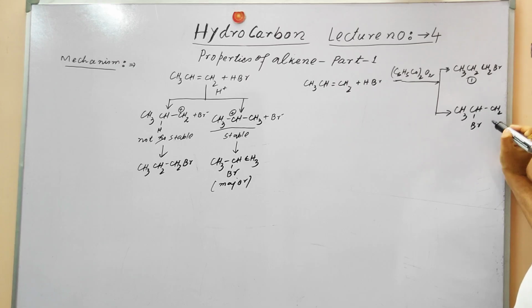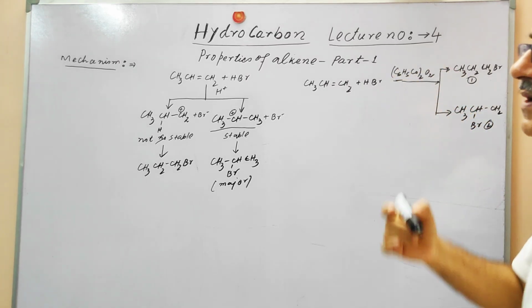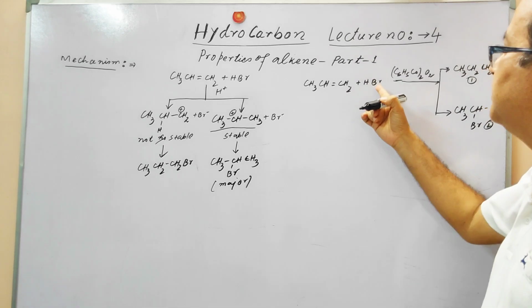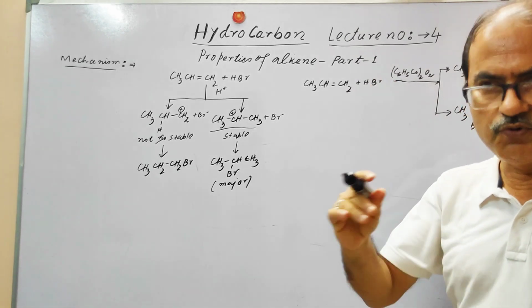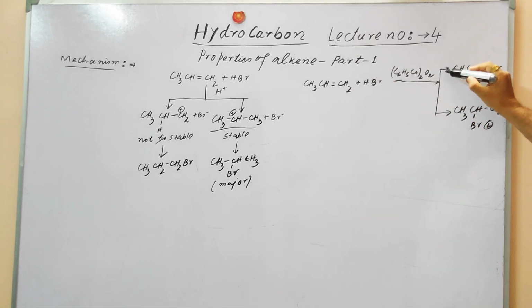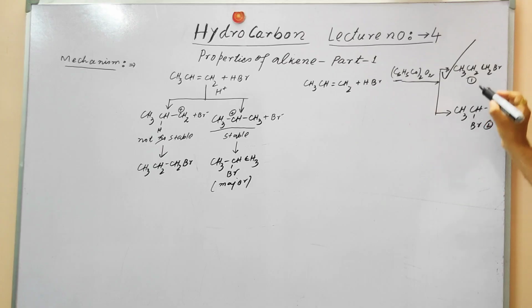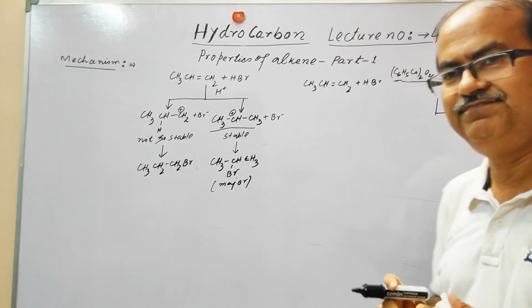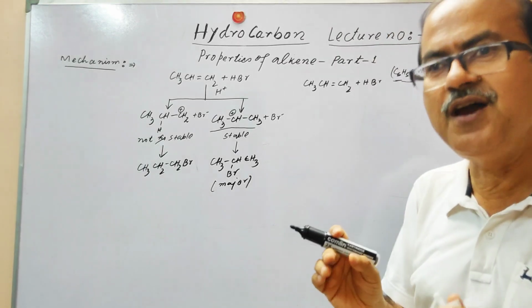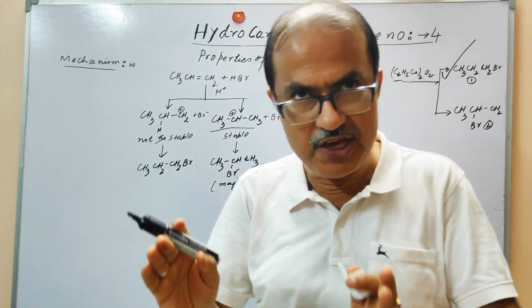And here you can see when it is in the presence of peroxide, the addition of HBr gives a totally different product. This will be the major product, this will be the minor product. But it only happens in the case of HBr.